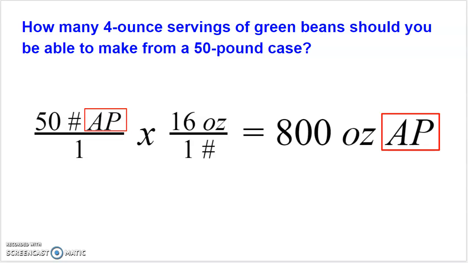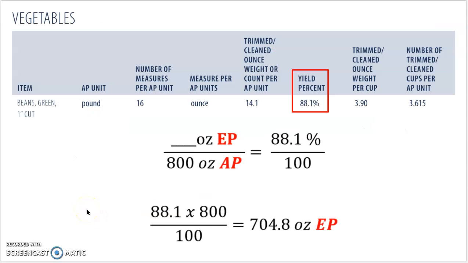So first I'm going to start with my 50-pound case and make it into ounces, because we were talking about how many 4-ounce servings we're going to be able to make, so we know we want to be working in ounces. So 50 pounds AP is just 800 ounces AP. So then I go to my yield percent, 88.1% yield, set up my yield percent formula.